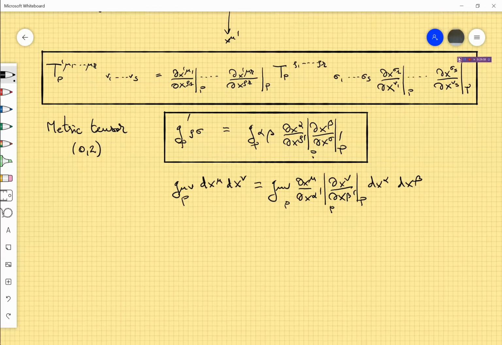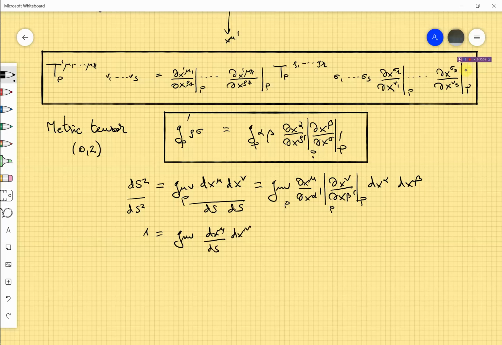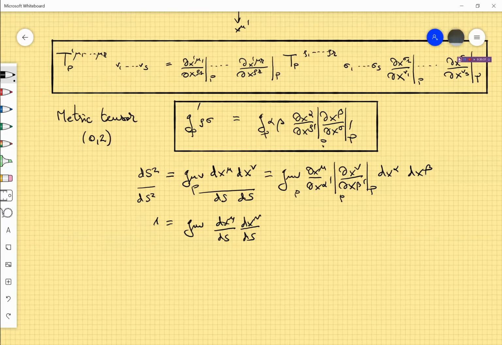Okay, and this object, for the reasons that we have explained more or less, is usually denoted by ds squared. This is the space-time interval, and if you divide both sides by ds squared or ds, what you find is dx mu over ds, dx nu over ds, so s is the proper time, but more than the proper time or proper space, this is the invariant interval.